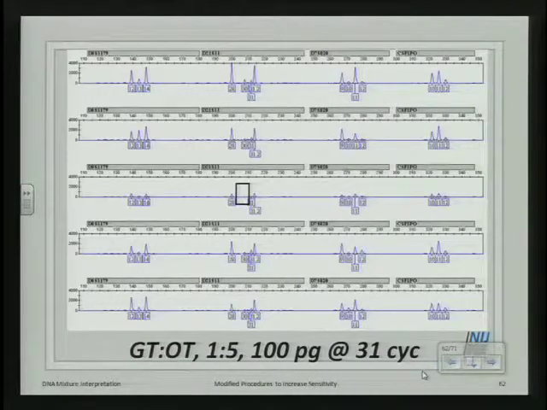So look at the first top left. Notice this 13 peak is much lower than the 12 and 14, but in here, the 13 peak is almost the same as the 12. So again, just taking one shot, one example, one amplification, you can get highly variable results.